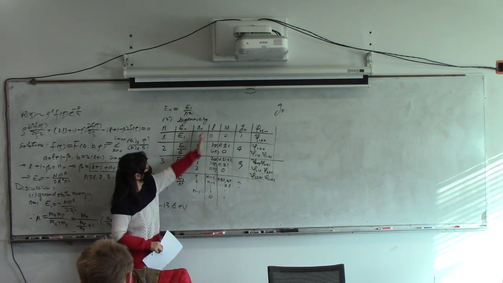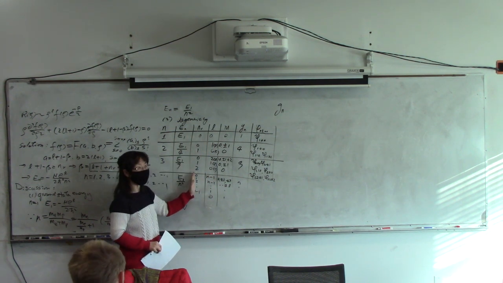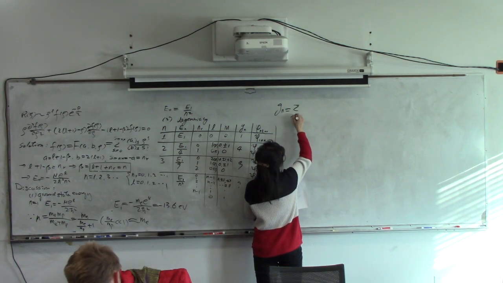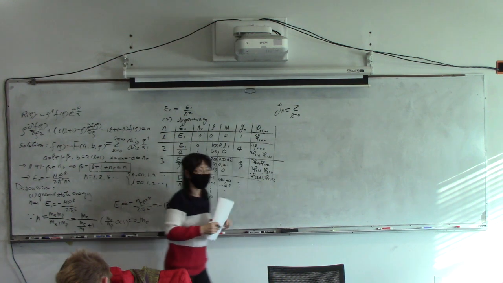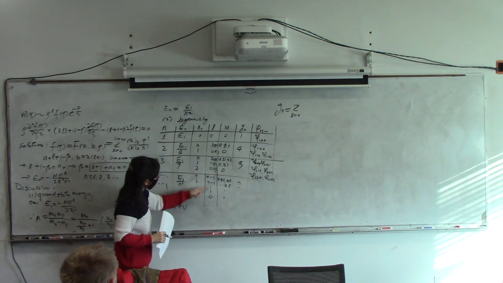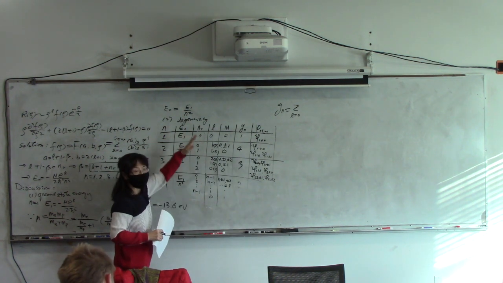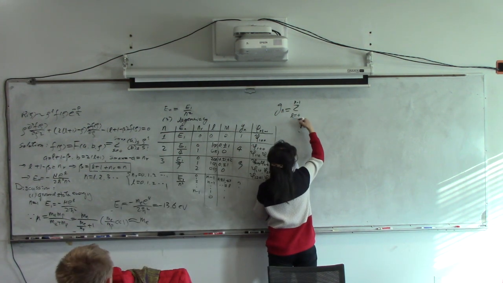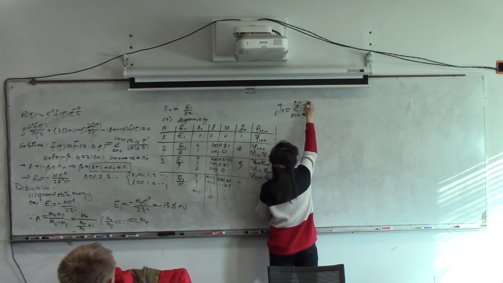So that means we just select this one, also fixed, right? So for given n, we can select L from 0 to n minus 1. All the L give the same energy, right? To n minus 1. And for given L, we have m from minus L to L, right?